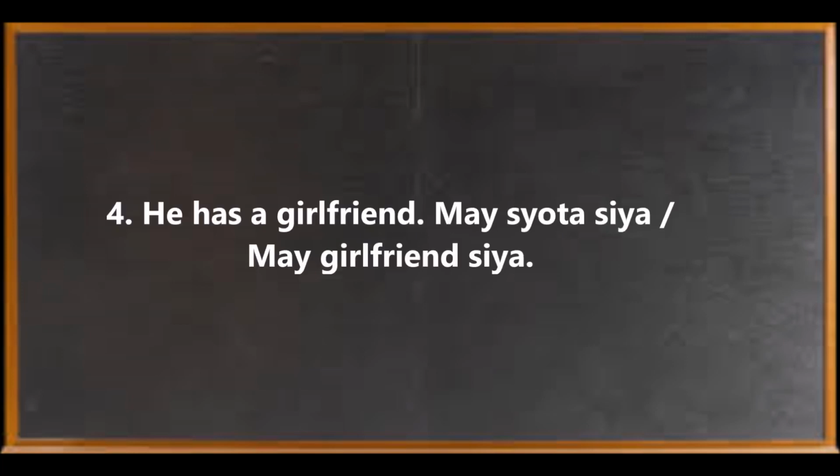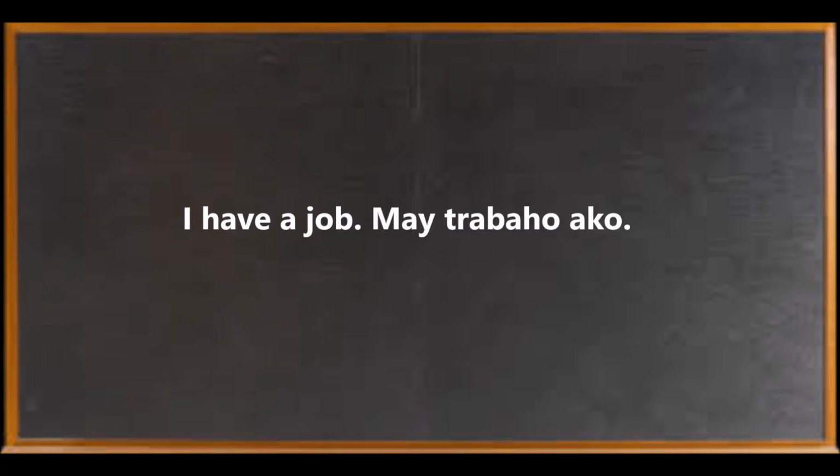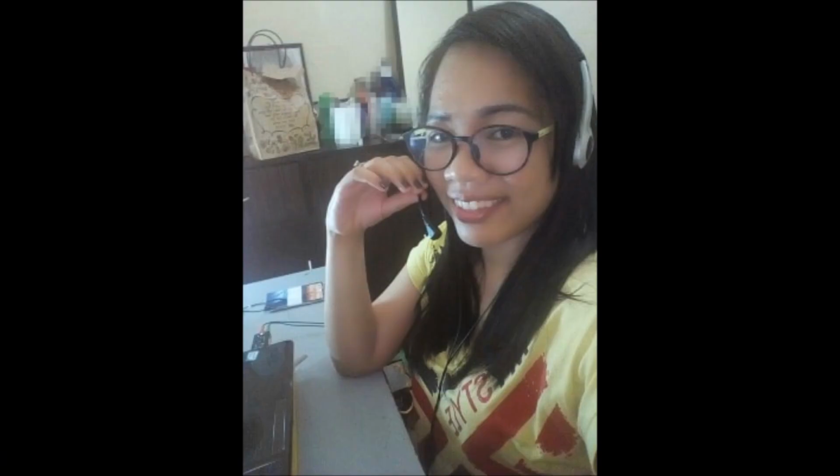And then he has a girlfriend, may shota siya, may nobya siya, or may girlfriend siya. You can just say girlfriend, whatever you prefer. I have a job, may trabaho ako. May trabaho ako.